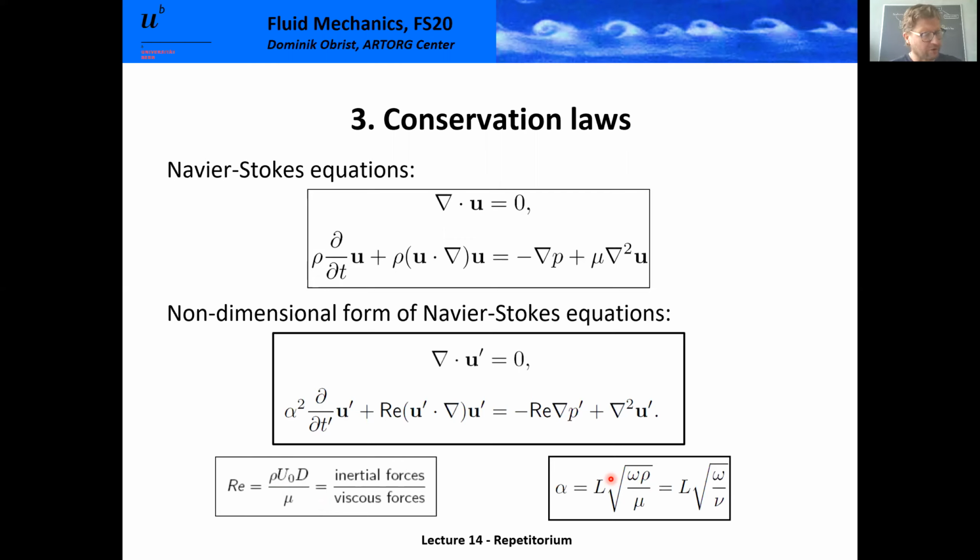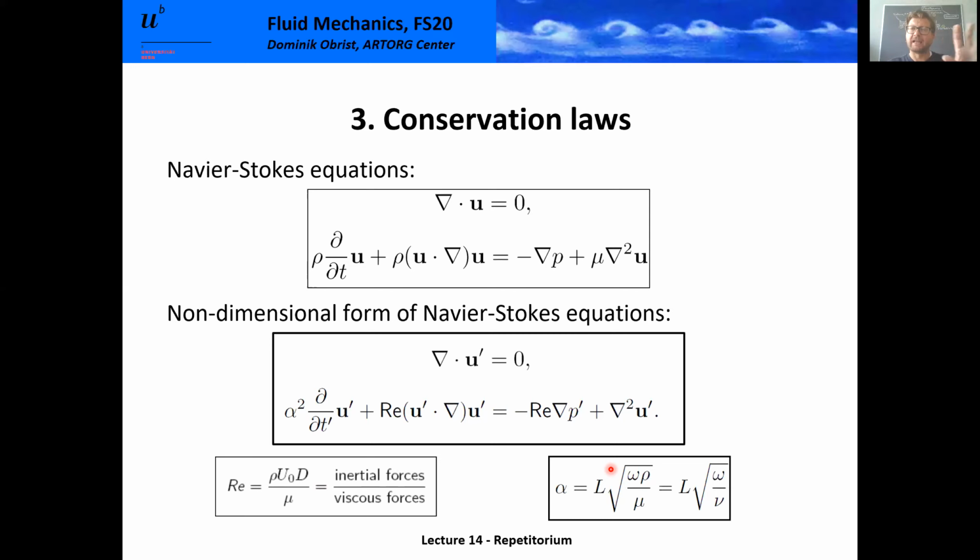These are by far not the only ones that exist, but they're the most important ones that we came across. And I'm certainly expecting you to understand how to write down these equations and what they really mean, what the concept is, and to estimate values of these non-dimensional numbers for certain applied problems.